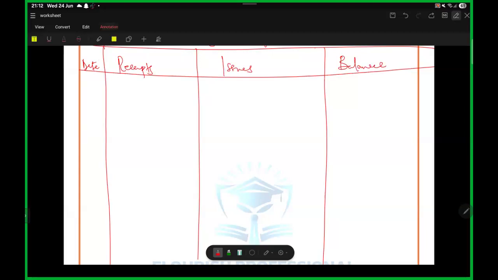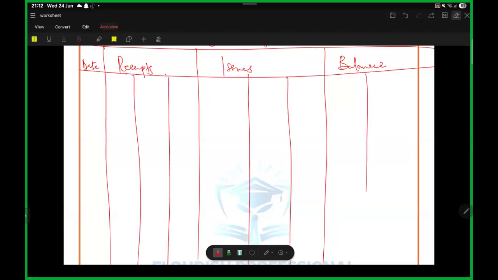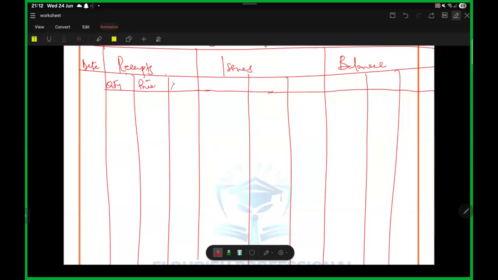Within each, I will have extra 3 columns: quantity, price, amount. Quantity, price, amount.